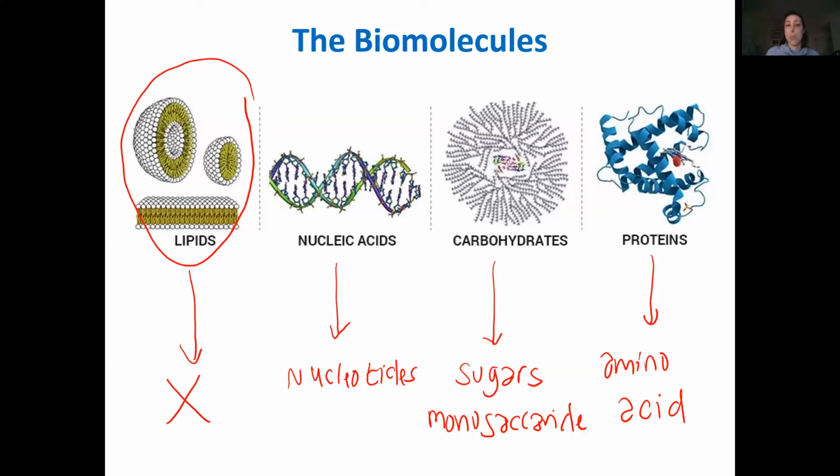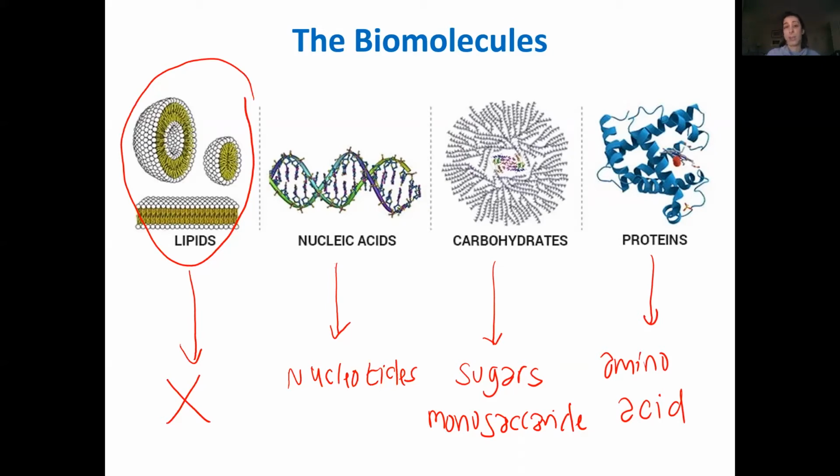They do not have a common building block that makes them a lipid. They are all very unique. But we are going to be talking about some structures that are common among lipids. But again, there's no specific building block that polymerizes to make the large structure that is a lipid. So lipids are very different in this sense.